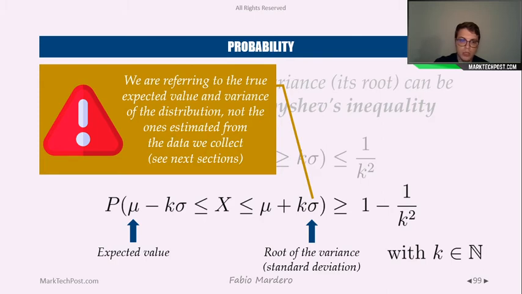So these are the true values of that distribution. And we suppose that we know those values. Typically, when dealing with data science projects or machine learning projects, we don't know about them.